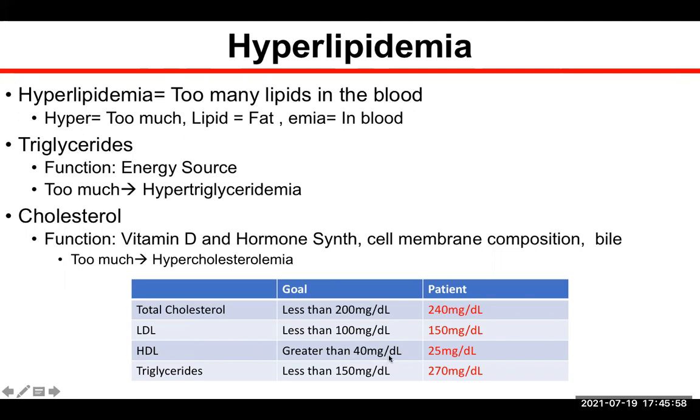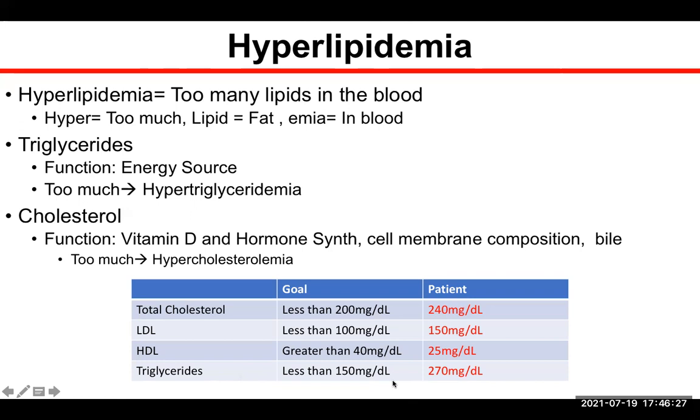If you can have it above 40 by a bunch, you're probably never going to develop cardiovascular disease, because that means you have a lot of this lipoprotein scavenging extra fat that's free floating in your blood. And then the other thing you want to be aware of is the amount of fat that you actually have free floating in your blood, so your triglycerides. You really want this to be less than 150 milligrams per deciliter.